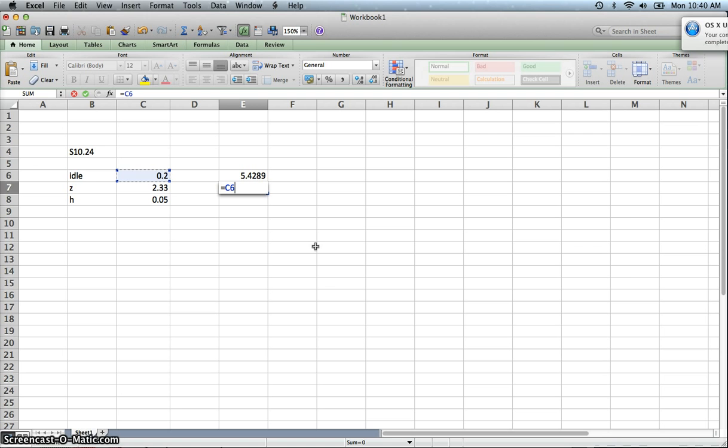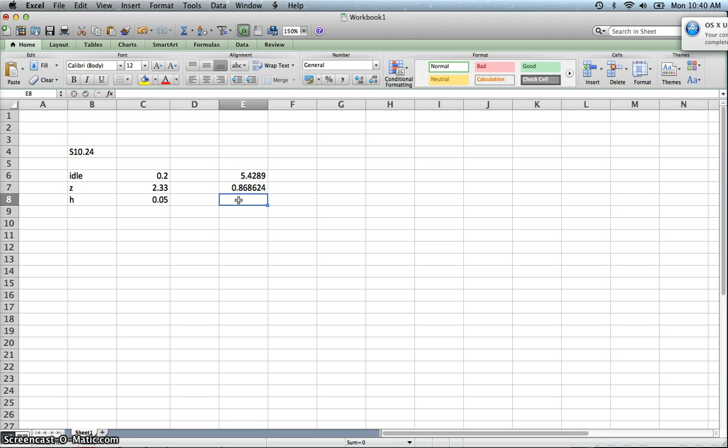They decided to focus on idle as compared to working, and so we're going to multiply that by 1 minus the percentage, which will give us 80%, so the opposite of that. And then we're going to multiply that by our squared z. So that's the top part.